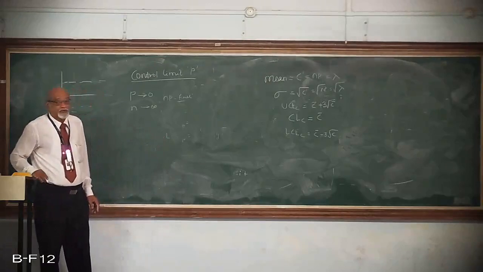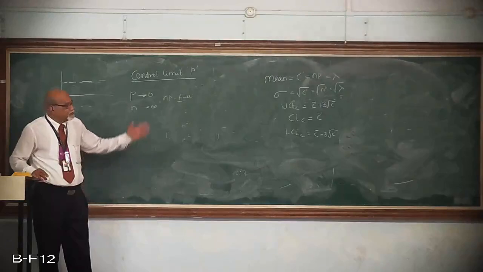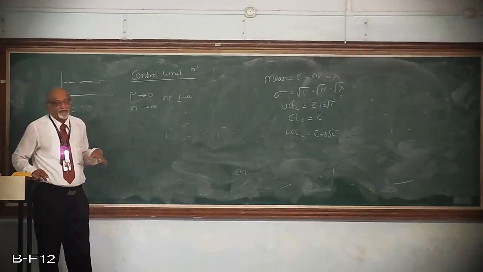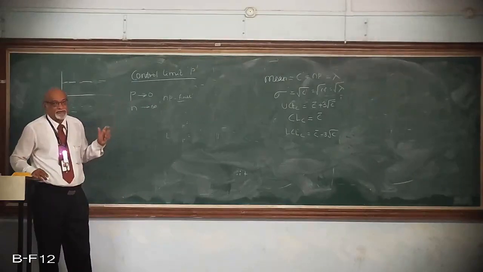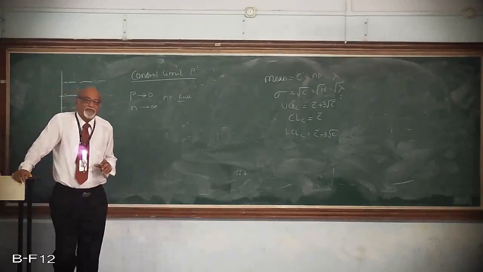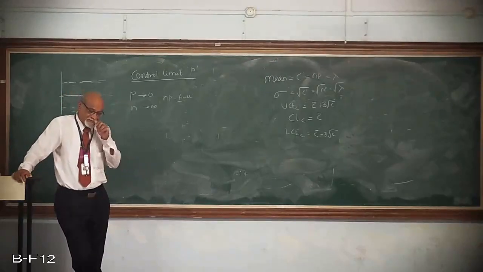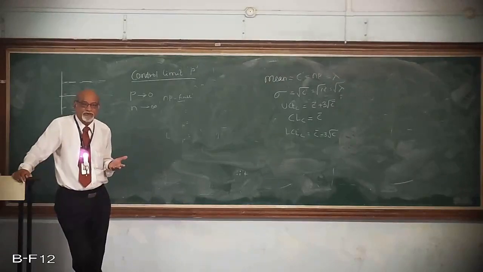Next one is the U chart. As I told you, it is almost similar to the C chart, but the area of opportunity differs. U chart is similar to the P chart, and C chart is similar to the NP chart. That means if the sample size is fixed, you use the C chart. If the sample size, the area of opportunity, varies, then we use the U chart.